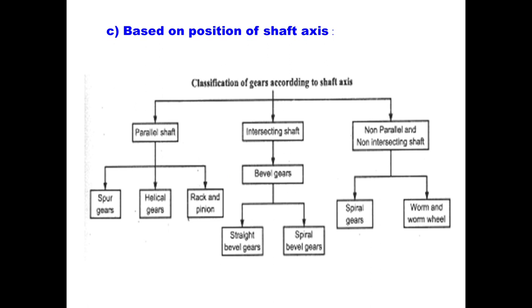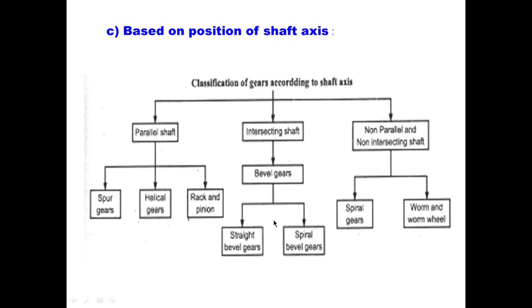Now the third category is the classification of gears according to the position of shaft axis. We have parallel shaft, intersecting shaft, and non-parallel non-intersecting shaft. Parallel shaft has spur gears, helical gears, and rack and pinion, whereas intersecting shaft has bevel gears, straight bevel gears and spiral bevel gears.